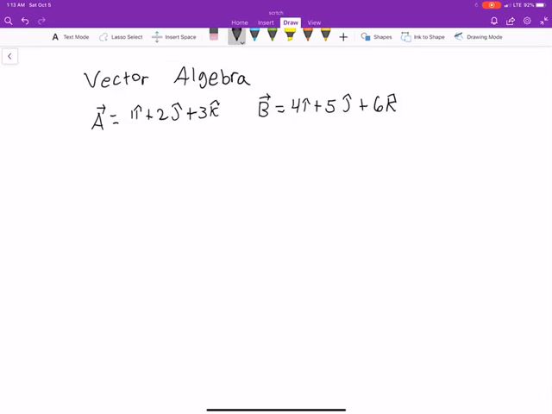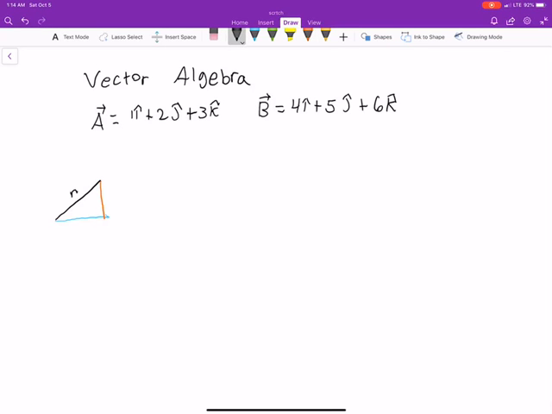First thing we're going to talk about is finding the magnitude of a vector. So these vectors have three components. They have an i hat, j hat, and k hat, or an x, y, z component to it. And if you want the magnitude, it's really nice. So let's look at a two-dimensional case where you have this x component and then this y component.